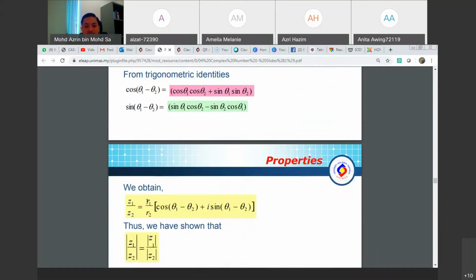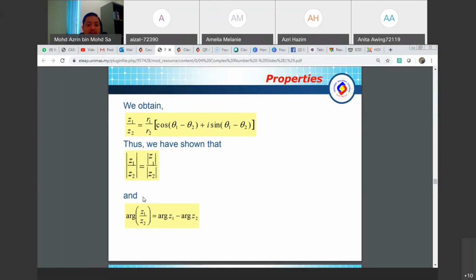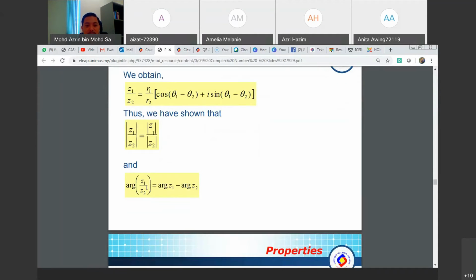So you substitute back into the equation, you get Z1 divided by Z2 equals R1 divided by R2 times cos theta 1 minus theta 2 plus I sin theta 1 minus theta 2. So you get the modulus of Z1 over Z2 equal to modulus Z1 divided by modulus Z2. Similarly, the argument of Z1 over Z2 equals argument Z1 minus argument Z2.